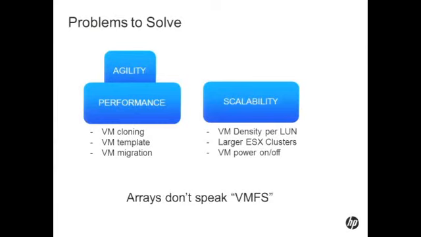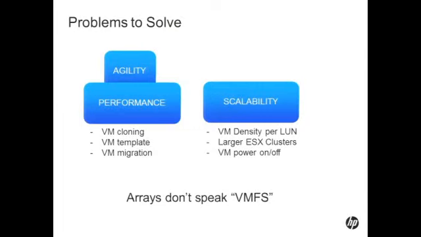VAAI, or vStorage API for Array Integration, part of the larger vStorage umbrella, solves this problem by convincing storage partners to make a lot of primitive changes in the SCSI layer to provide better VM cloning, a more efficient way to deploy templates, faster migration, and all this scalability, which I'll touch on with the new locking mechanism.